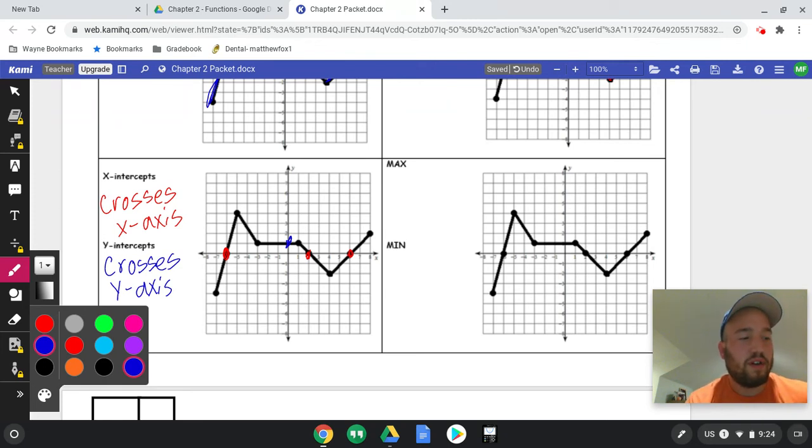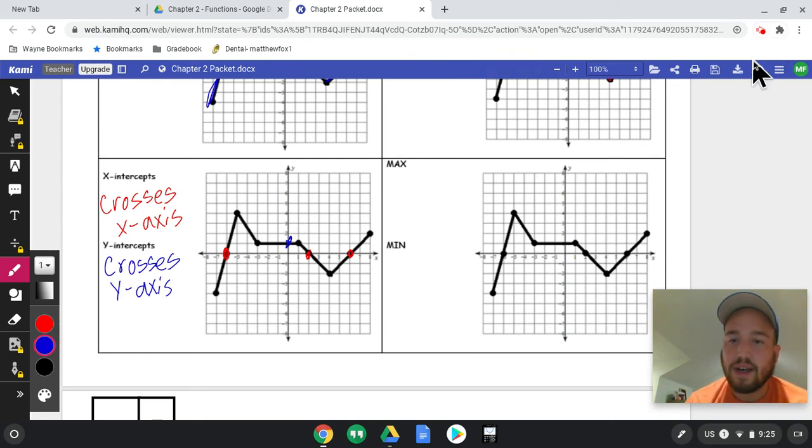Now remember, those are our relative max and our relative min. So when it's max or min and relative is put with it, what that means is, what am I saying? I meant to say it's the local max and the local min. Okay. So our local, I forgot that word, local max, local min.